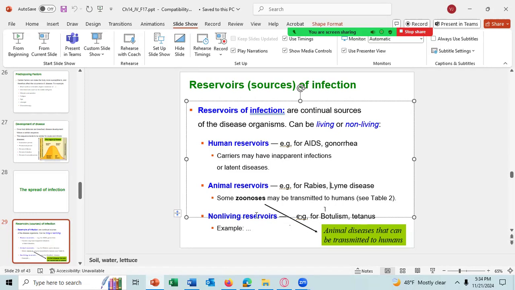Some other examples of non-living reservoirs are diseases that come from the soil, water, or lettuce. I'm sure you've heard of E. coli or salmonella getting on lettuce or, oh, what is that, kale? And then when people eat it, they get a disease. A non-living reservoir.